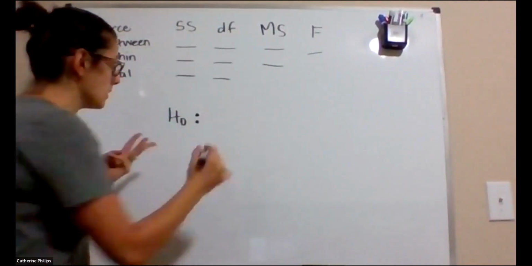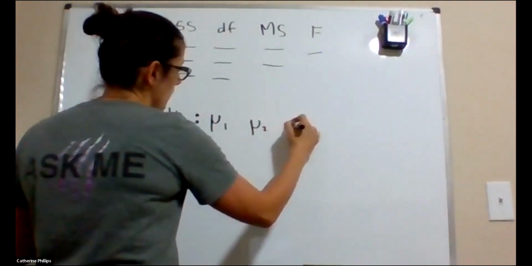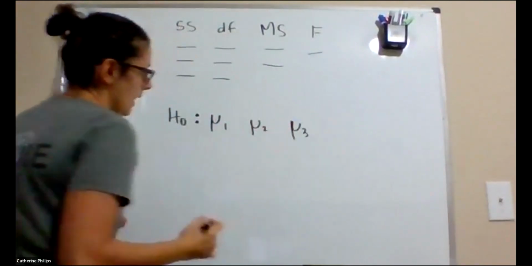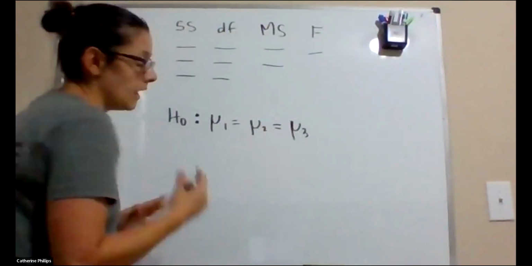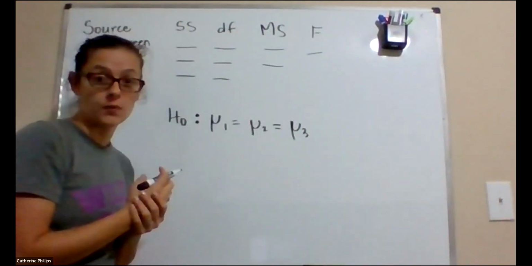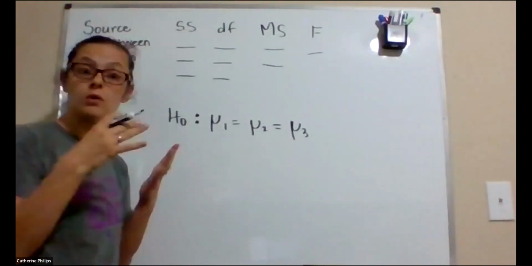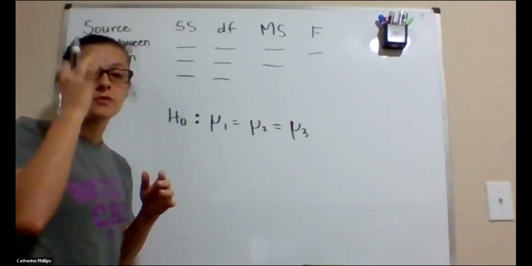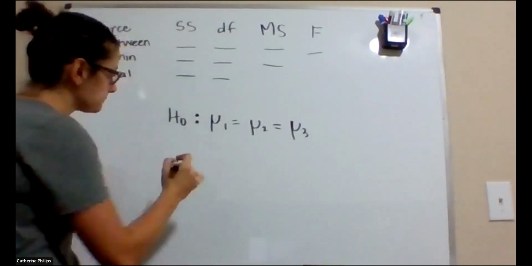We have 3 treatment conditions, so we have a mu1, a mu2, and a mu3, and the null is that they're all equal. If we had more groups, we'd have to have more in our null hypothesis. So the null does need to be tailored to the number of groups that you have. But beyond that, it doesn't vary.